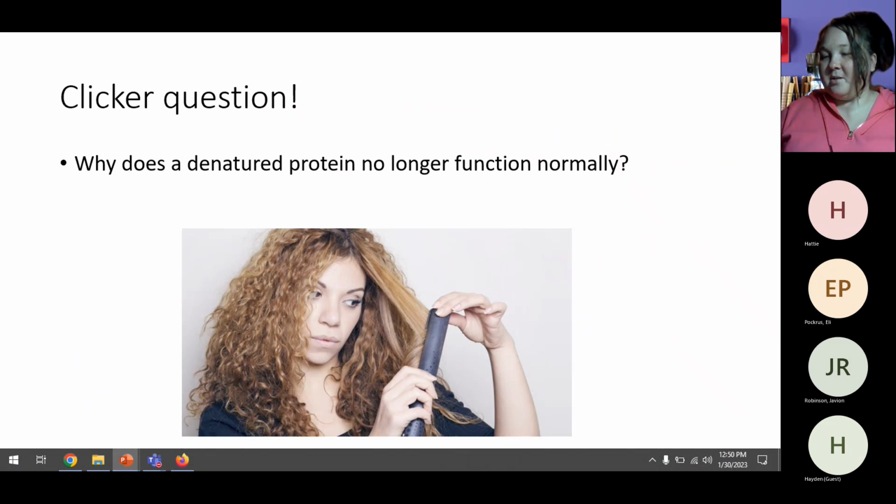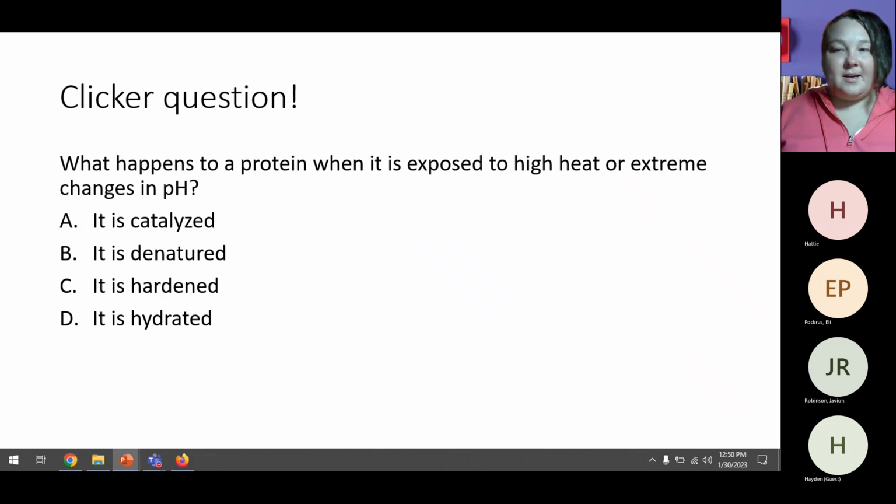A protein's shape determines its function. Once it's lost its shape, it has no function. Perfect. Good job, guys. All right, here's our next clicker question. 100% shows B, denatured. This is something we're going to be working on in lab 3.